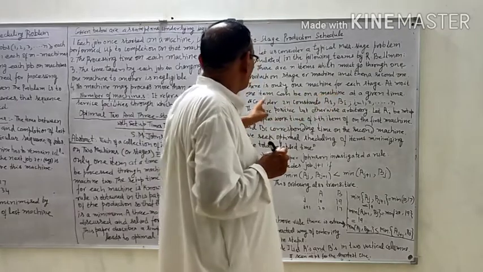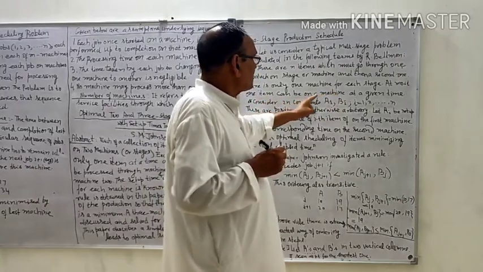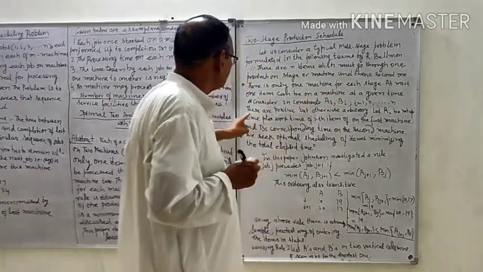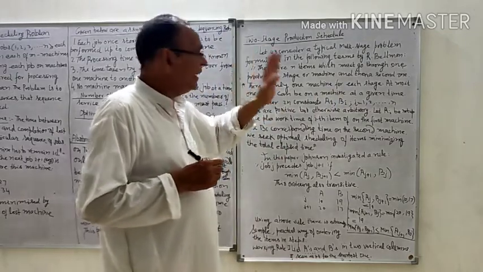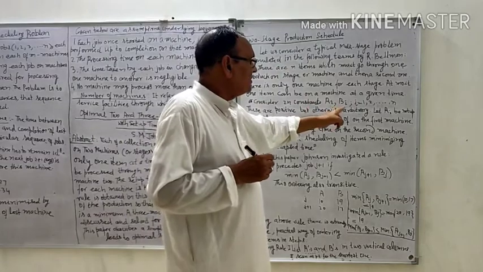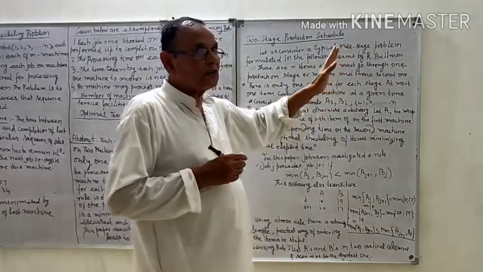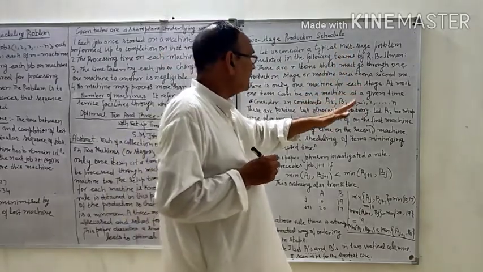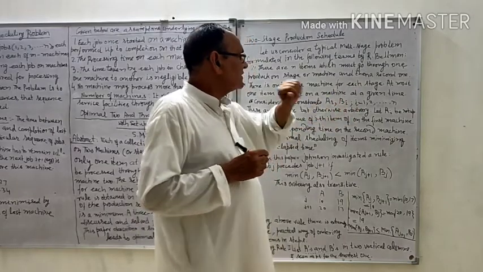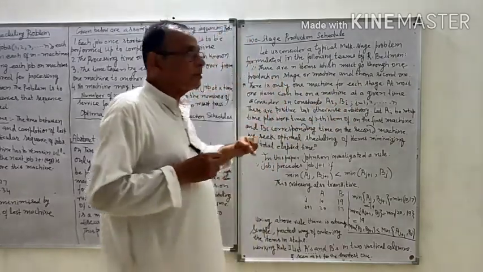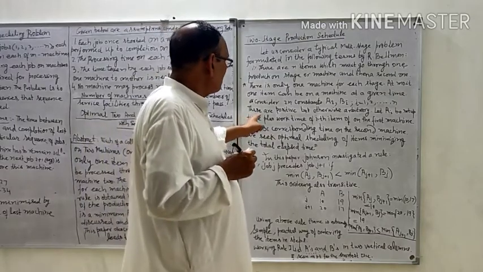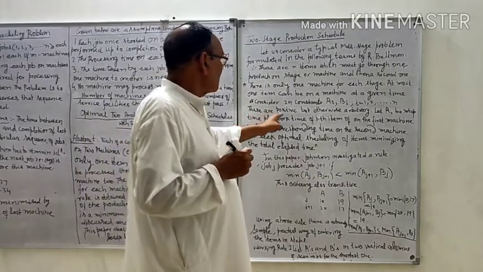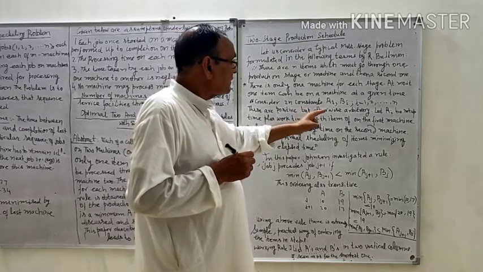Now also, one item can be on a machine at a given time. Then consider 2n constants, A_i and B_i, i equal to 1 to n. Johnson talks like that, or we can say there are 2n processing times. These are positive but otherwise arbitrary.